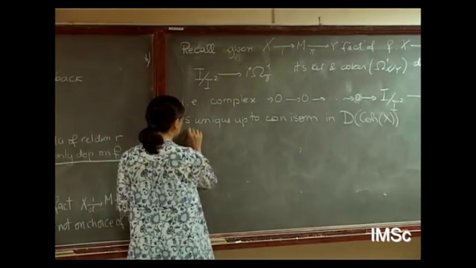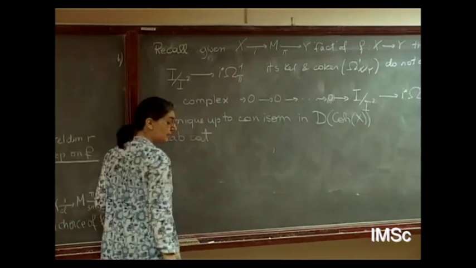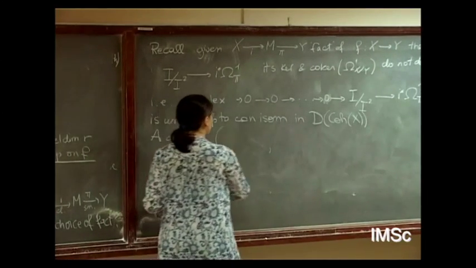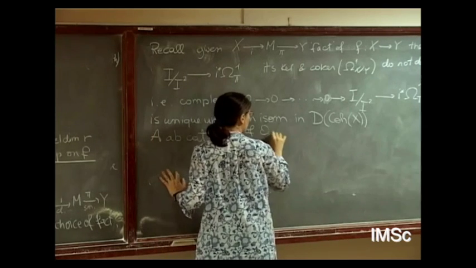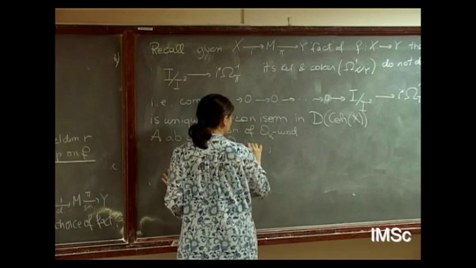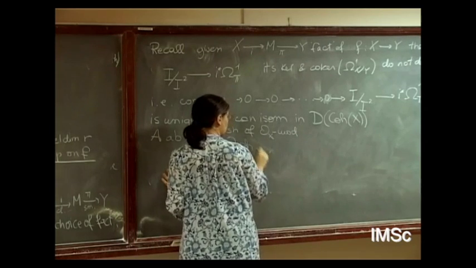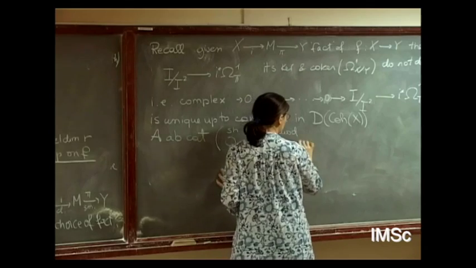So in general, if A is an abelian category, and if you don't know what an abelian category is, it's no problem. Just think of sheaves of O_X modules, or quasi-coherent sheaves, or coherent sheaves.